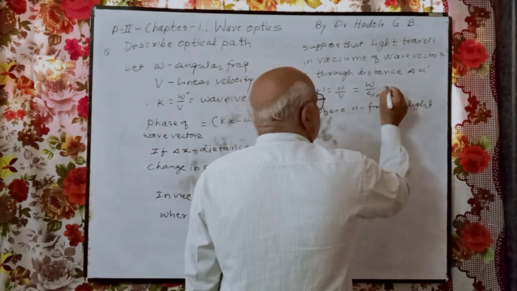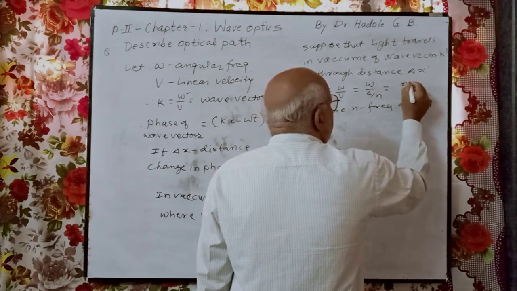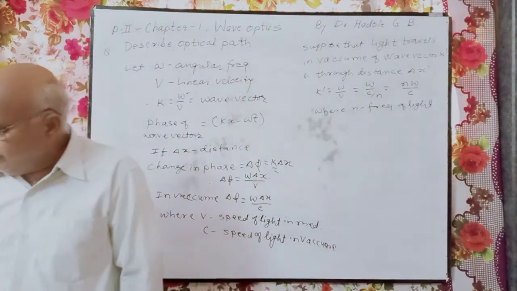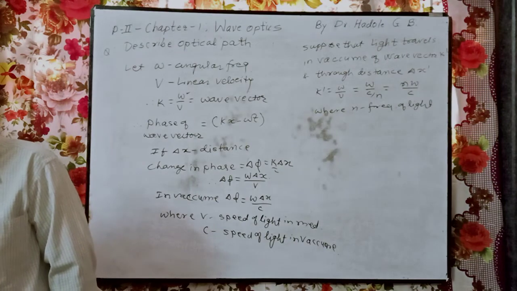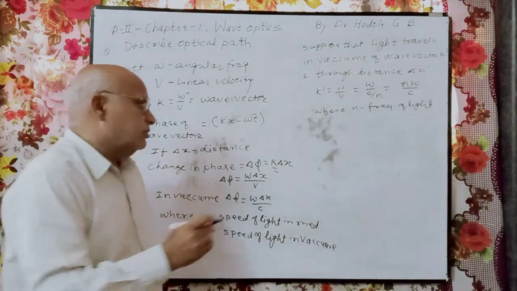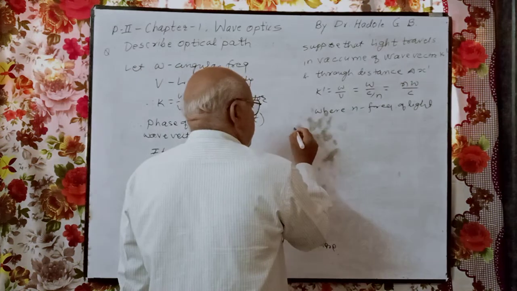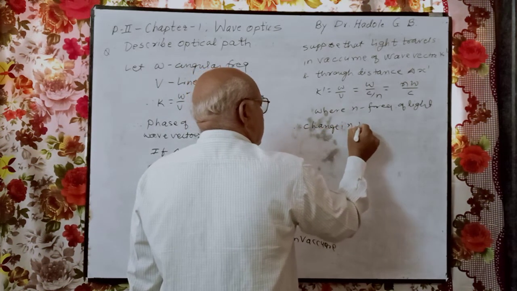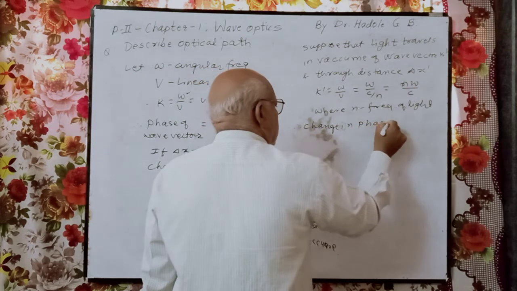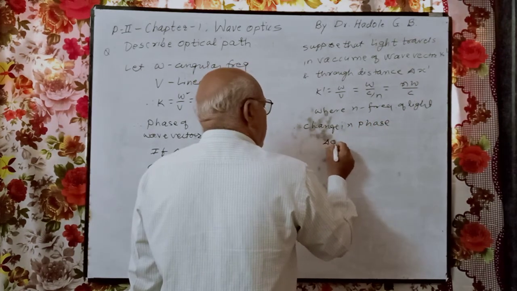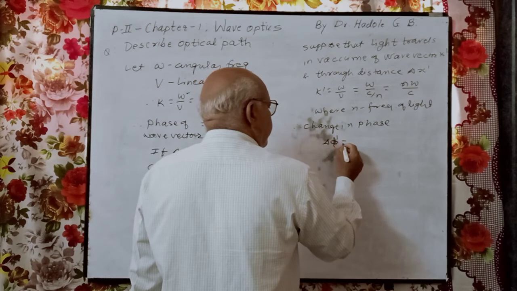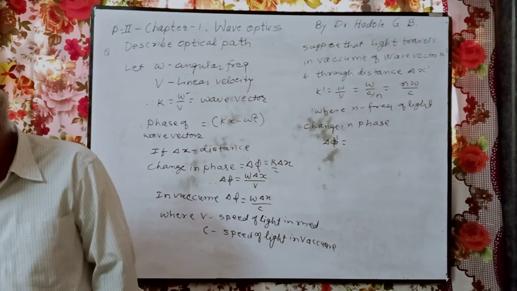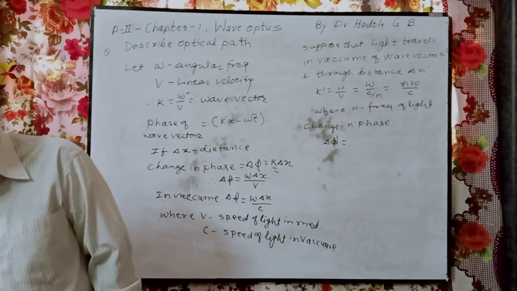And therefore, this will be equal to n omega upon c. And therefore, the change in phase, delta phi dash, equals k dash times delta x.